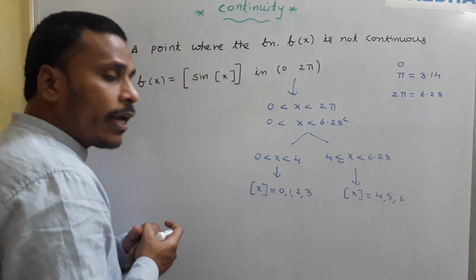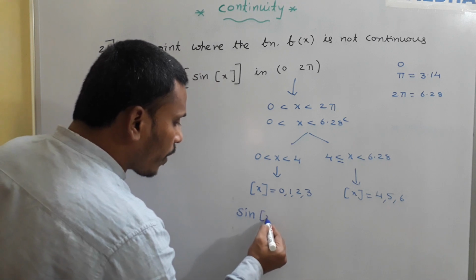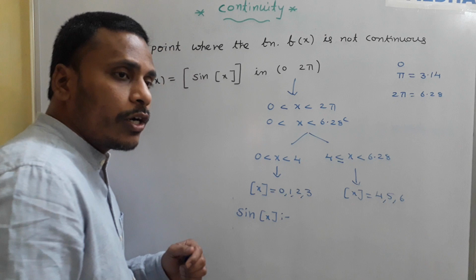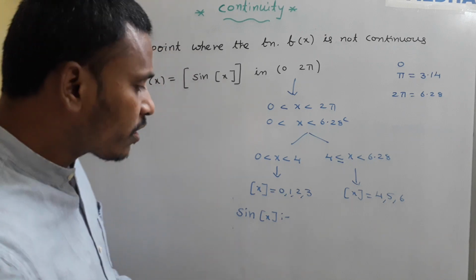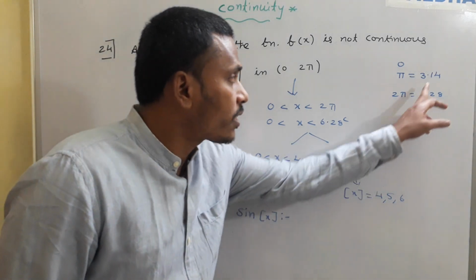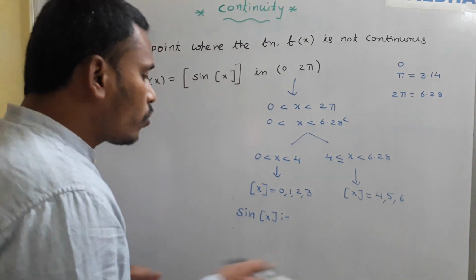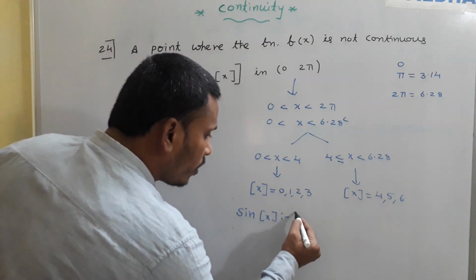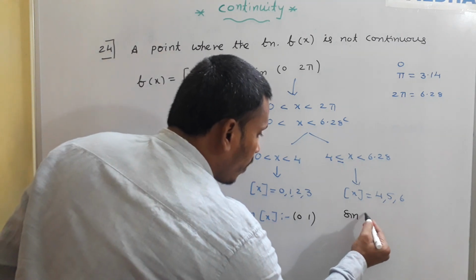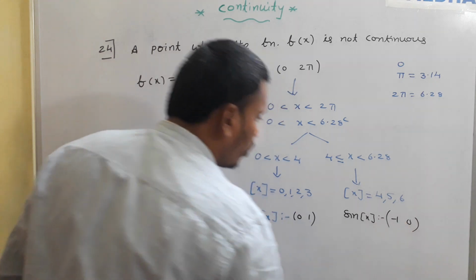Since here [x] values are 0, 1, 2, 3, then what do you say about sin[x]? All these numbers are less than 3.14. All these values are less than π. So sin[x] is between 0 and 1 only, whereas here sin[x] is from -1 to 0.